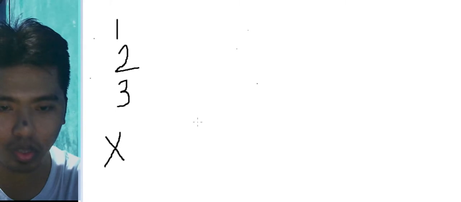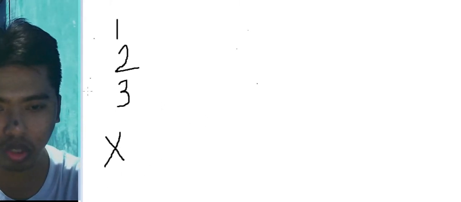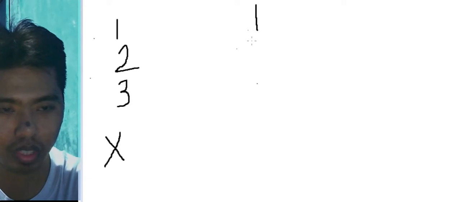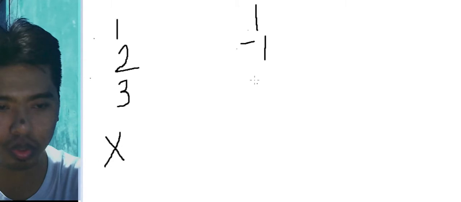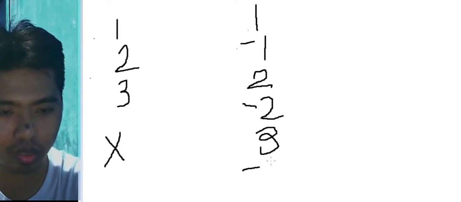So this would be the input, this would be the x. I'm going to put the x at the bottom, but for technicalities it should be on the top. Anyway, if the input is 1, the output would be the number itself and the negative of that number. I'm going to put 2, so the number itself and the negative of that one. Now if I put 3, then that would be the number itself and the negative of that one.